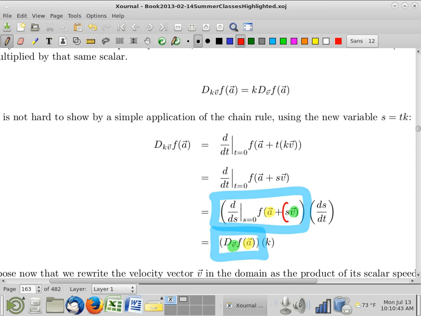I'm using S to parameterize the line in the domain. Previously we used t. It doesn't really matter, right? It's just a dummy variable that helps us parameterize a line. It remains, though, that here, this is a parametric line. I'm taking the derivative of that as the parameter moves, and this is still a relationship between input changes and output changes.